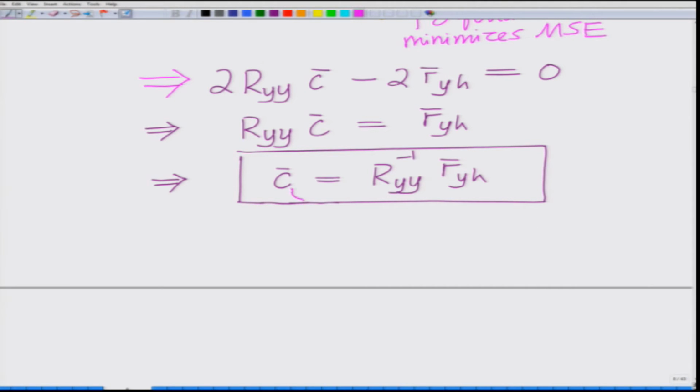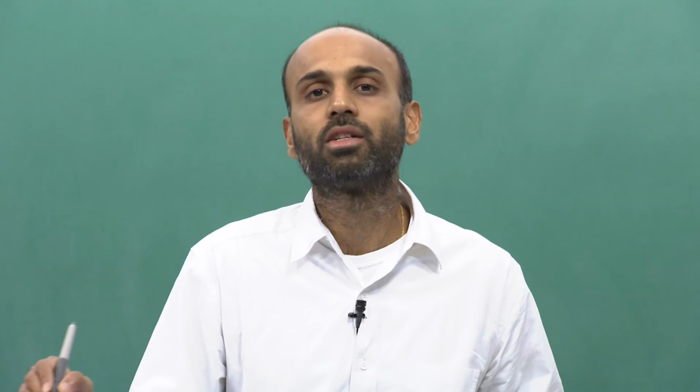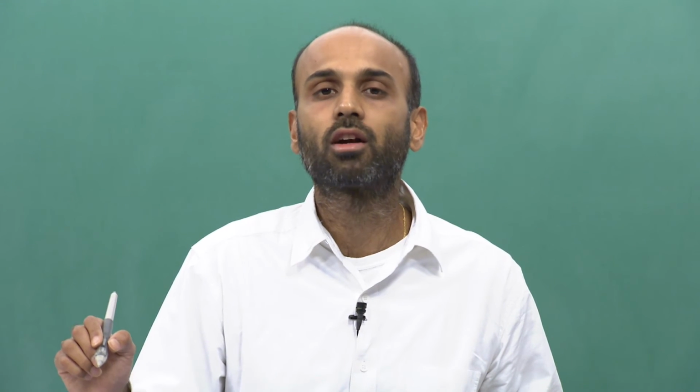So, this is now the vector which minimizes the MSE, that is, it yields the minimum mean squared error, correct, and this is the combining vector C bar, that is C bar equals R yy inverse R bar yh. That is the expression we have finally derived for the combining weights.